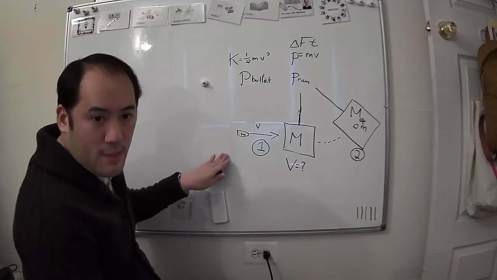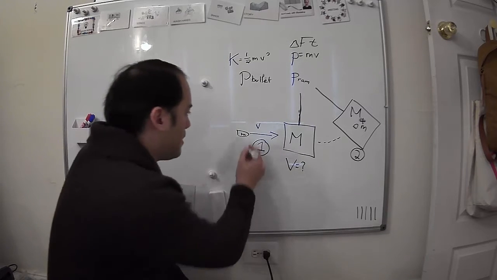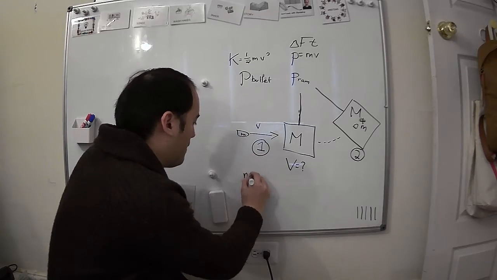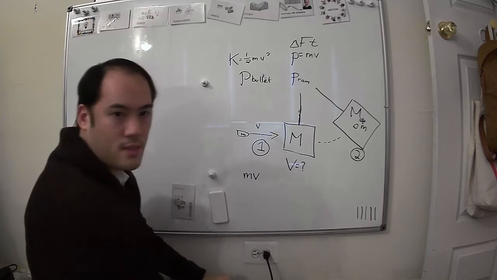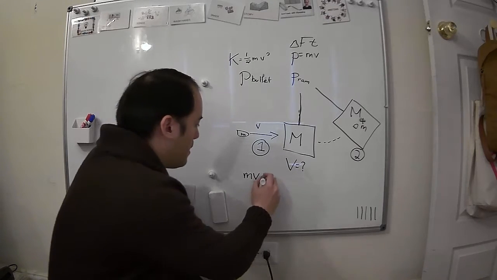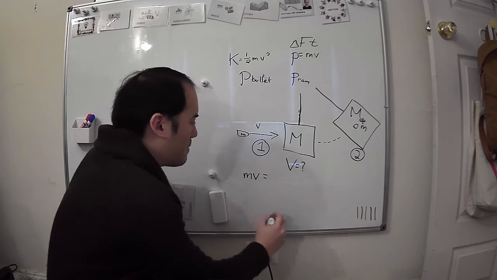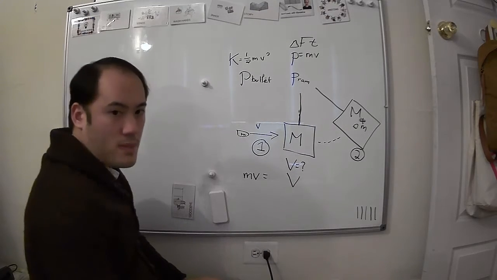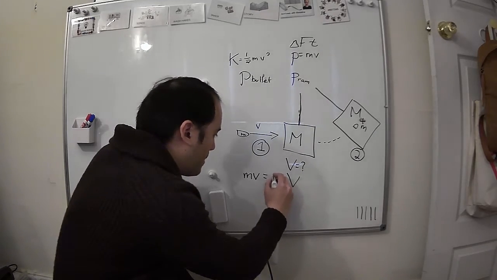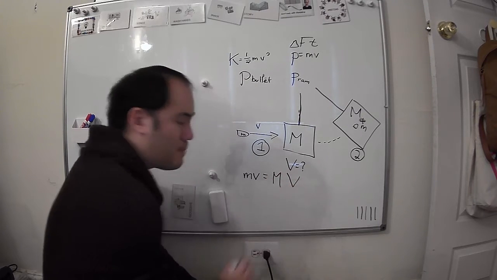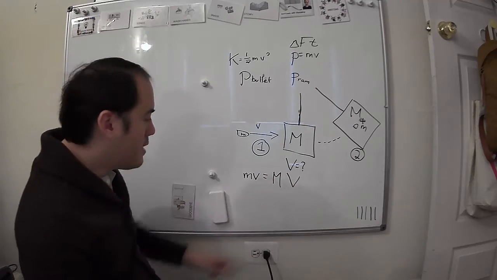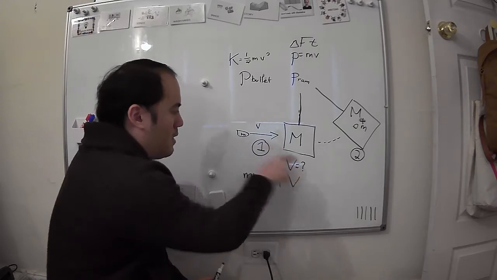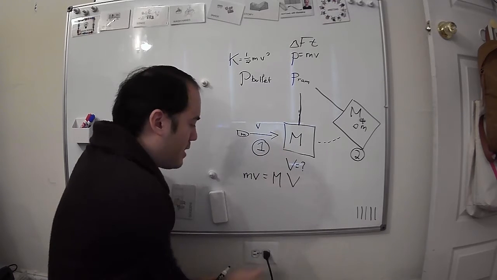Well, you set the initial momentum equal to the final momentum. The initial momentum is just little m, little v. That must be equal to the final momentum, mass times big V. Lots of people will say, oh, little m, little v equals big M, big V. Very close. Remember we said the bullet gets stuck in the block.